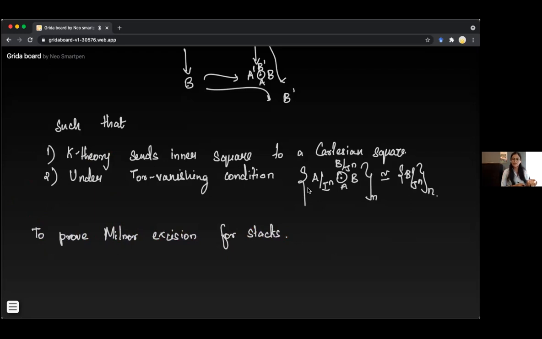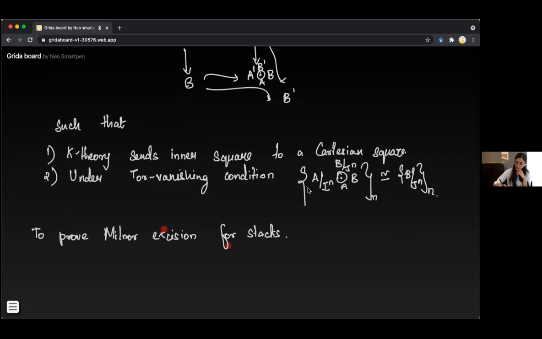In the case of stacks, we have this local structure theorem due to Alper, Hall, Halpern-Leistner, and Rydh, which tells you that under some good enough conditions, your algebraic stacks are locally in the Nisnevich topology all given by quotient stacks of affine schemes mod linearly reductive groups. And this is the case that we want to reduce to.